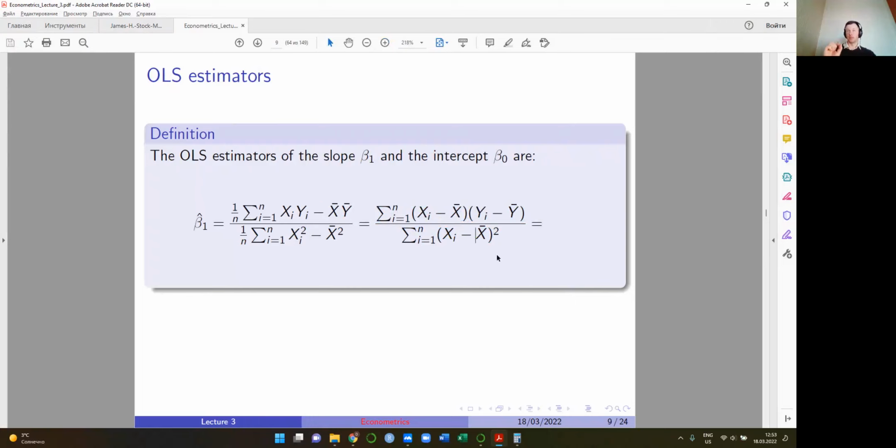But again, in order to make this sample variance, we need to divide this by n minus 1. So if for the fraction we divide numerator and denominator by the same number, n minus 1, we will get the same fraction. That's why we can represent this beta 1 hat as the fraction of sample covariance of x and y over sample variance of x.